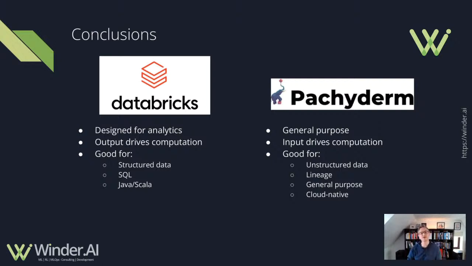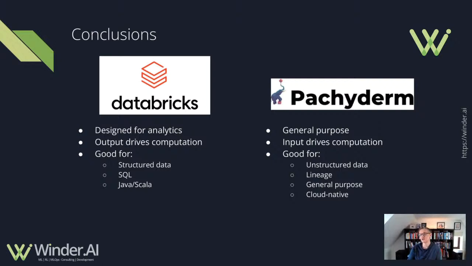The input drives computation. So as soon as it sees some new data falling into one of its data repositories, then that will drive the pipelines from start to finish. So that means it's really good for unstructured data. If you're using unstructured data for any sort of general purpose machine learning or anything like that, it's a really good choice. It's got really solid lineage and provenance guarantees that you can use well into the future.